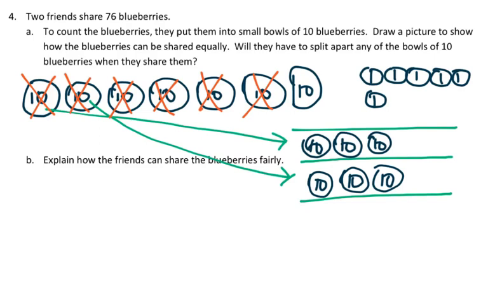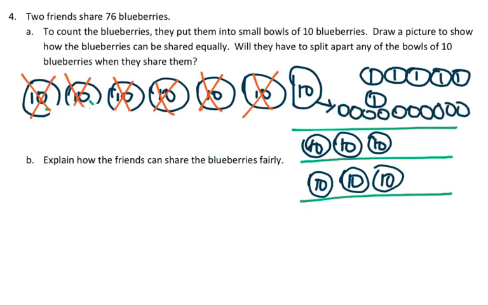The last one, this bowl of 10 right here, I can't place it here because then they wouldn't have the same amount. But I could take this 10 and I can take those blueberries out. So I'm going to do that. Okay, so I took those 10 out of the bowl and I took them out here.